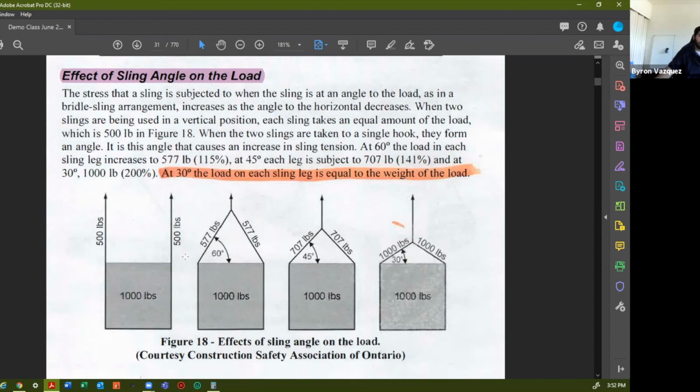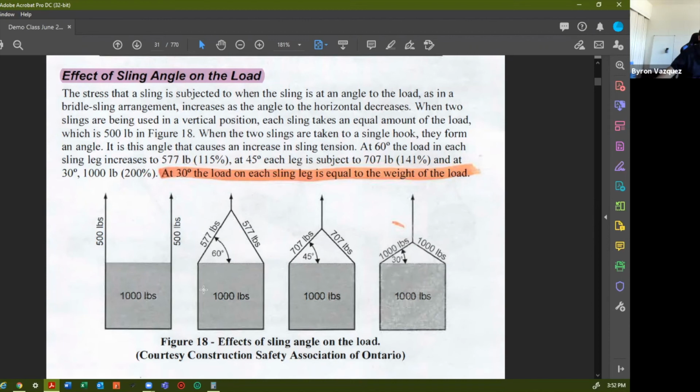But what if we only have one sling? Or what if we have two slings with different angles? Your best bet is always going to be a sling angle of 60 degrees. Okay, this is the recommended sling angle. The reason is that at this angle, it puts the least amount of tension on your rigging.